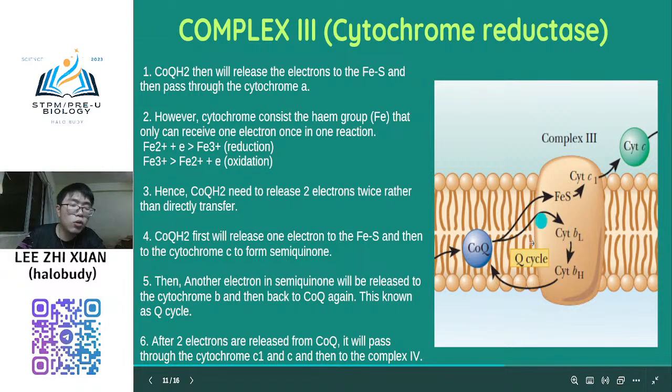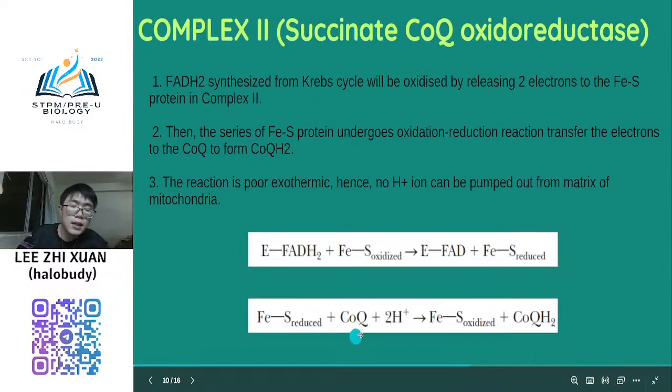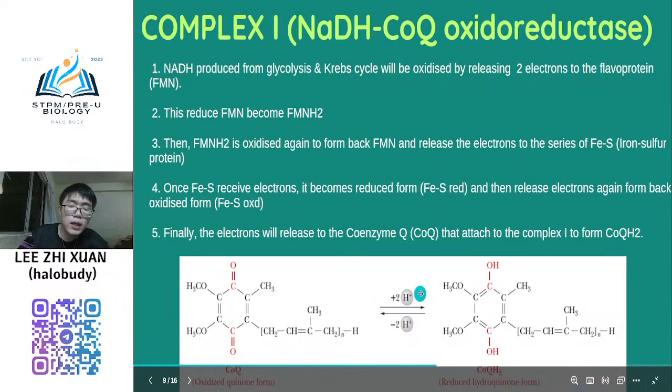Just that there is one term, Q cycle, right? You see here. So what is Q cycle? We know that coenzyme Q will accept 2 electrons.